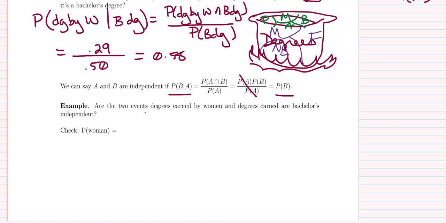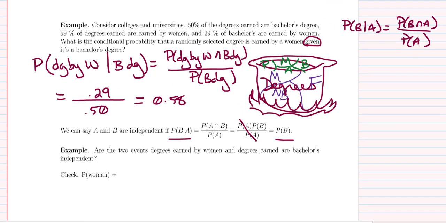Are the two events, degrees earned by women and degrees earned are bachelor's degrees, independent? So what did we look at? We looked at, in the previous example, the probability of a degree earned by a woman given a bachelor's degree, so P of W given B, and we want to show that the probability that a degree earned by a woman is independent of degrees earned being bachelor's degrees.